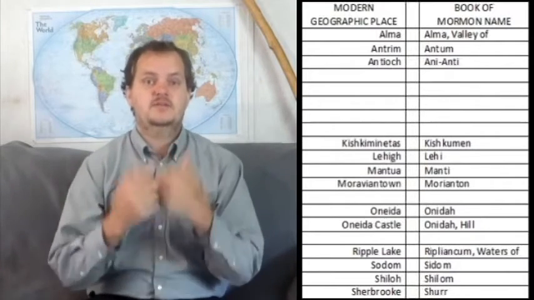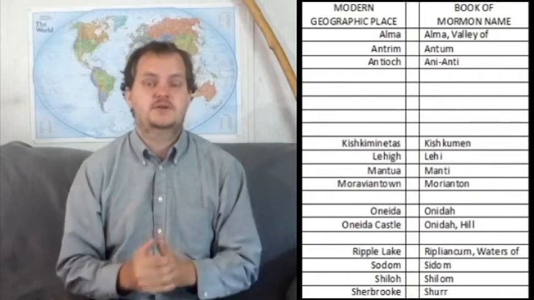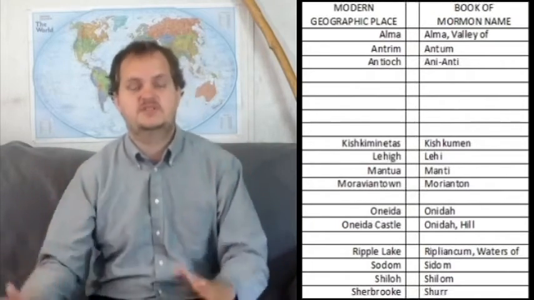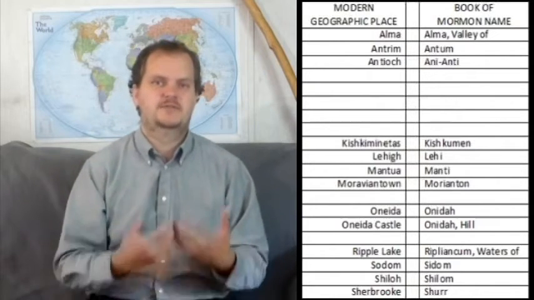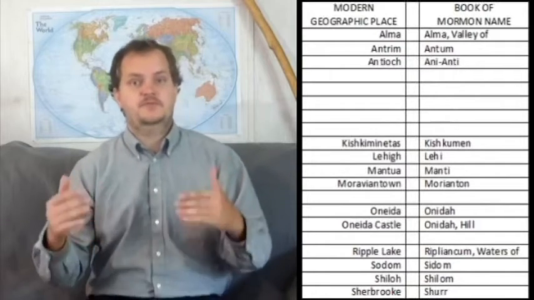But continuing on, what would be the next thing we would expect? One thing that anybody who is familiar with the United States would know is that there are dozens, hundreds, if not thousands of names of places derived from the native languages. And if the Book of Mormon is the actual history of the American continents, then the native languages are derived from the Book of Mormon.